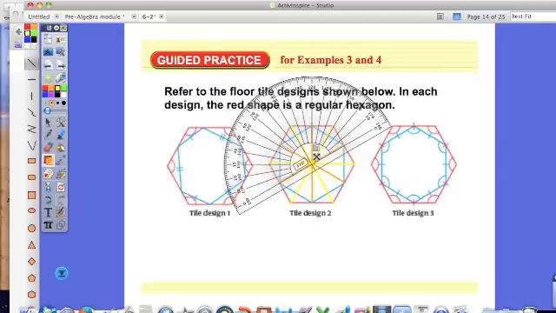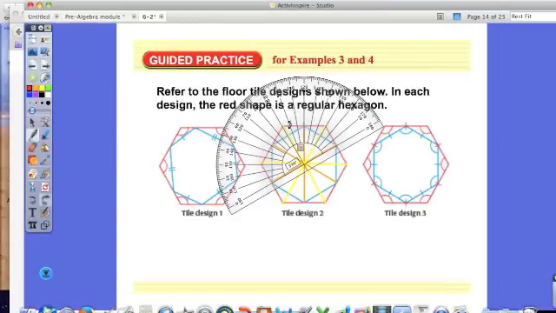It's going to be easiest for me. And you can see that to move this blue point to this yellow point, or this yellow point to this blue point, it's going to be 30 degrees. The difference from yellow to blue, red to orange, is 30 degrees. So it is going to be a 30-degree rotation.